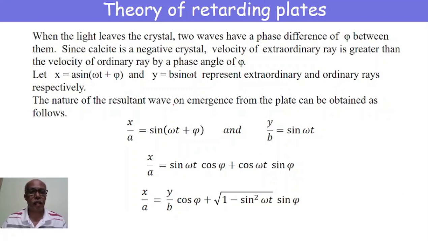When this light leaves the crystal on the other side, there will be a phase difference phi between ordinary and extraordinary rays. Since calcite is a negative crystal, the velocity of the extraordinary ray is larger than the velocity of the ordinary ray by a phase angle phi.